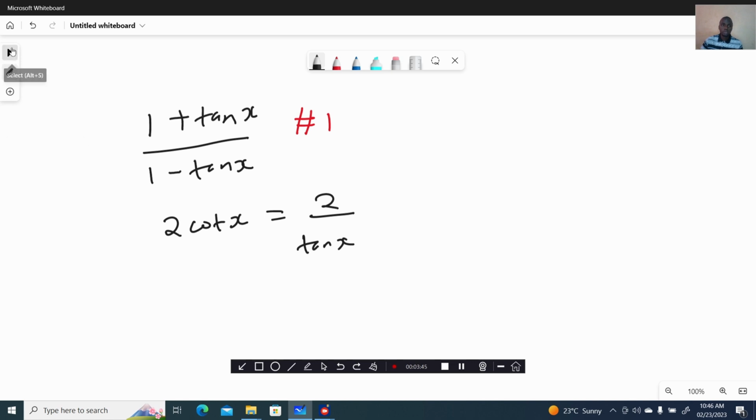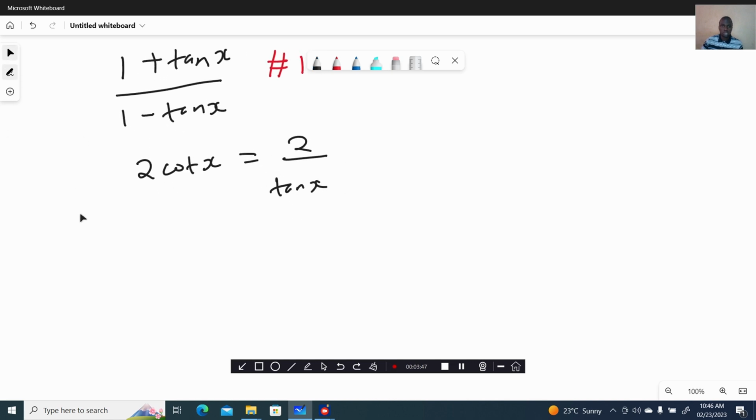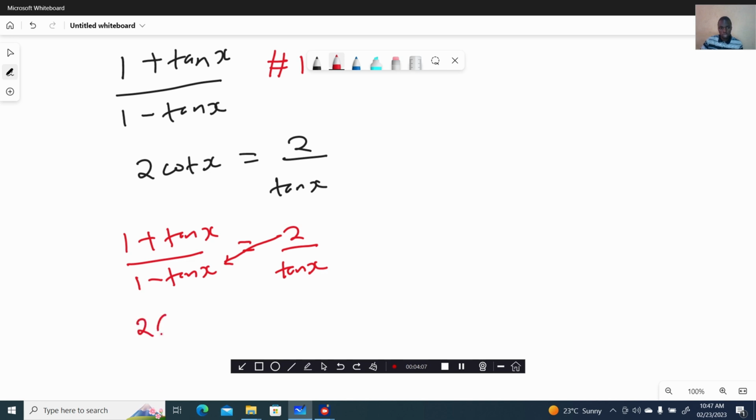So how do we solve for these two expressions? We can equate them. So we have 1 plus tan x over 1 minus tan x equal to 2 over tan x. And then we can cross multiply. We are going to multiply 2 by 1 minus tan x, so it will be 2 into 1 minus tan x, which equals 1 plus tan x multiplied by tan x.